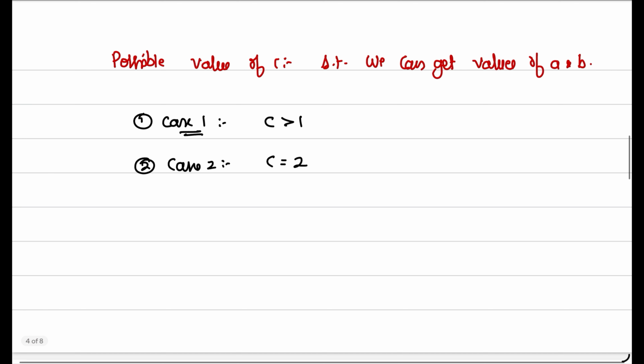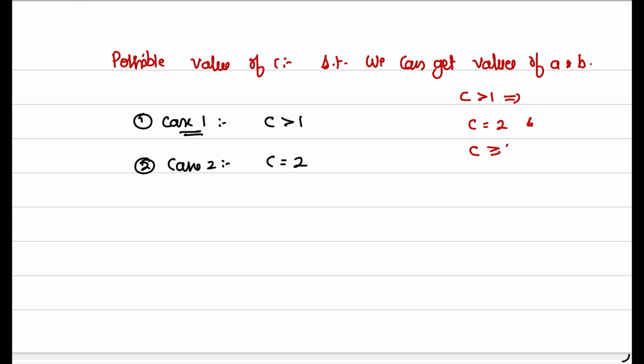We have to check for C is equal to 2 and C is greater than or equal to 3. What are the possible integer values? C is greater than 1, hence C is equal to 1 is ruled out. And if C greater than or equal to 3 is ruled out, then C value must be 2.